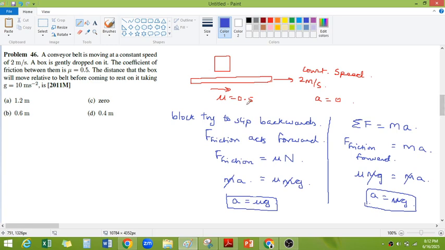So now after that it's easy. I can say the time required to stop. It's accelerating forward because of the friction force. So v squared is equal to u squared plus 2as.